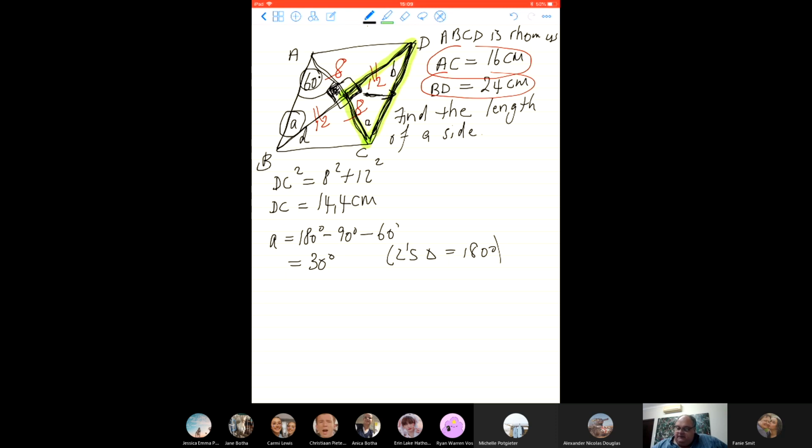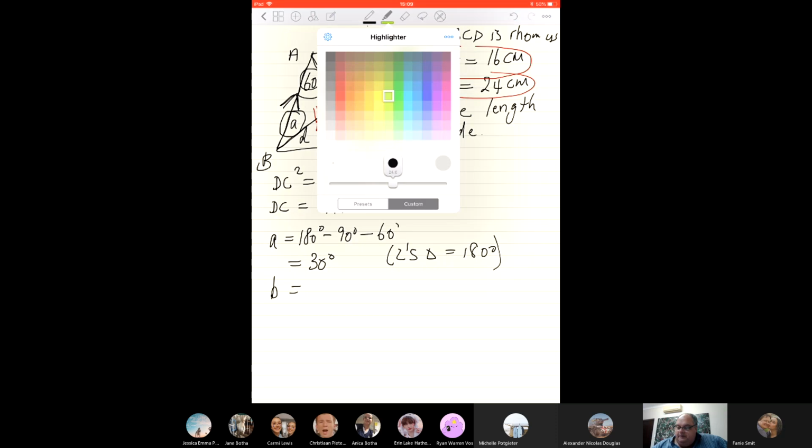Okay, so that's A. And then if you want to find B, remember that this is parallel to this. Don't forget the fact that they're parallel, because if they're parallel, it means you've got corresponding angles and you've got co-interior angles and all of that as well.